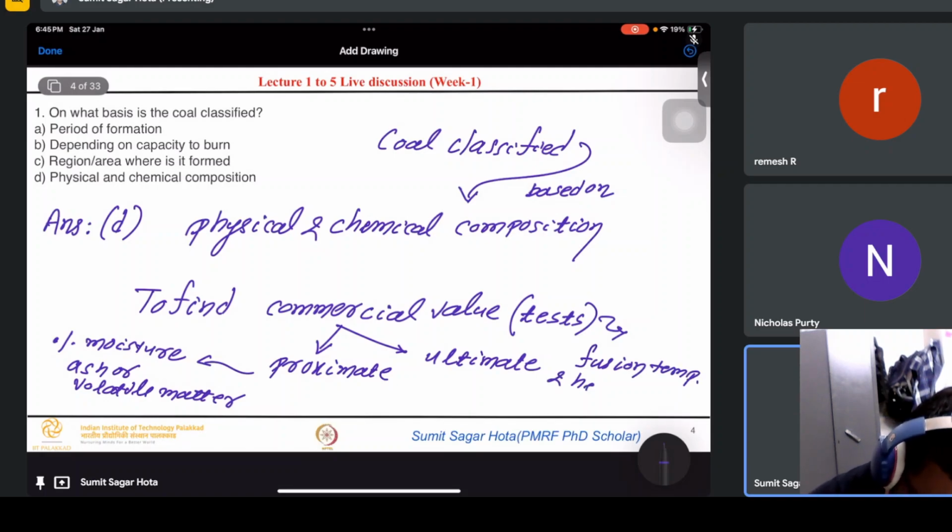Don't confuse now with all these terms. Gradually when you go through this, what is heating value, most of the heating value will be covered in the next question.